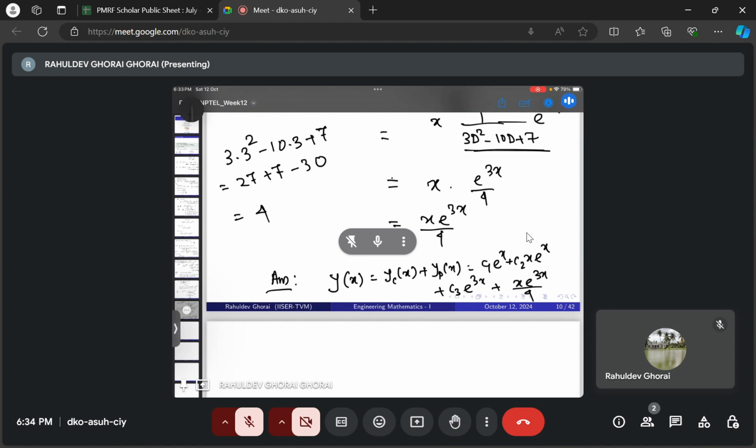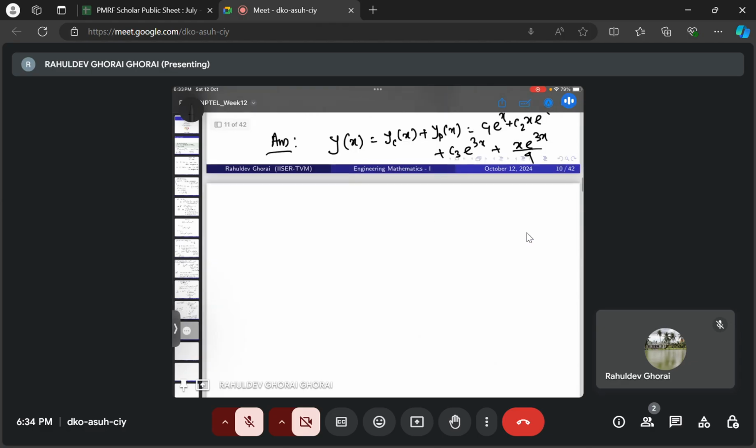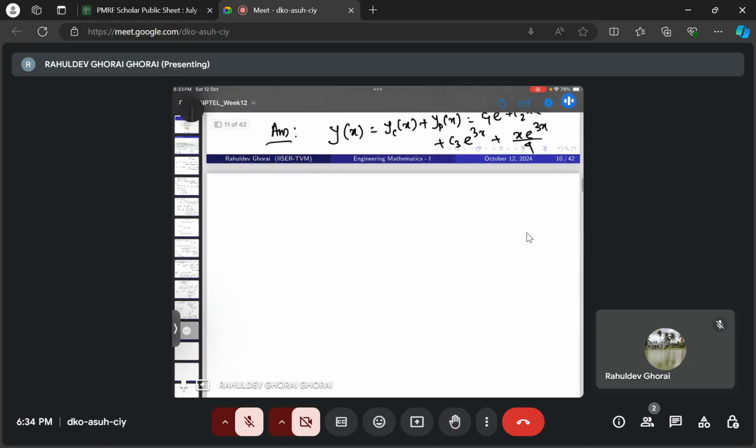Okay. So now you have seen how to do it, but you have done it for e to the power 3x. How do you do it for some other function?